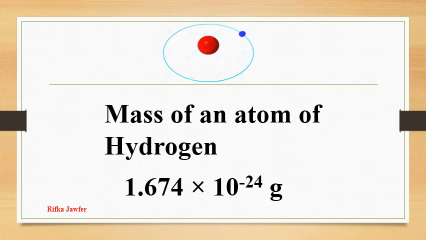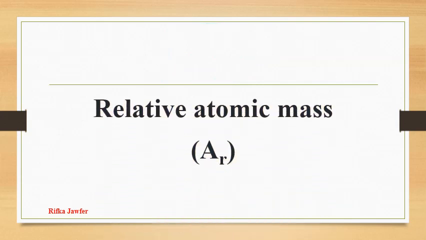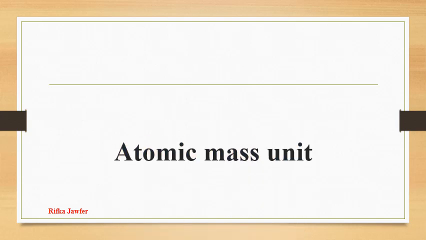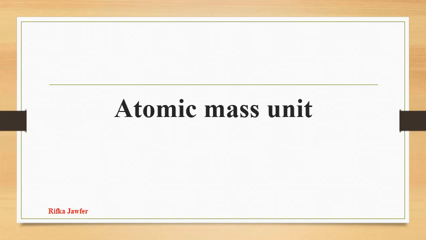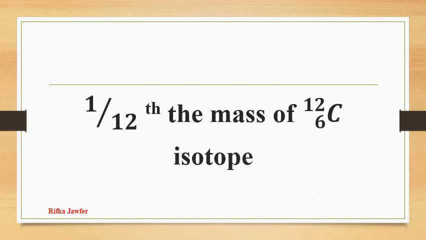So, we select a mass of a particular atom and give other masses relative to it. It is called relative atomic mass. The mass of the unit relative to which the masses of other atoms are expressed is called atomic mass unit. 1/12 the mass of the C-12 isotope is used as the atomic mass unit.